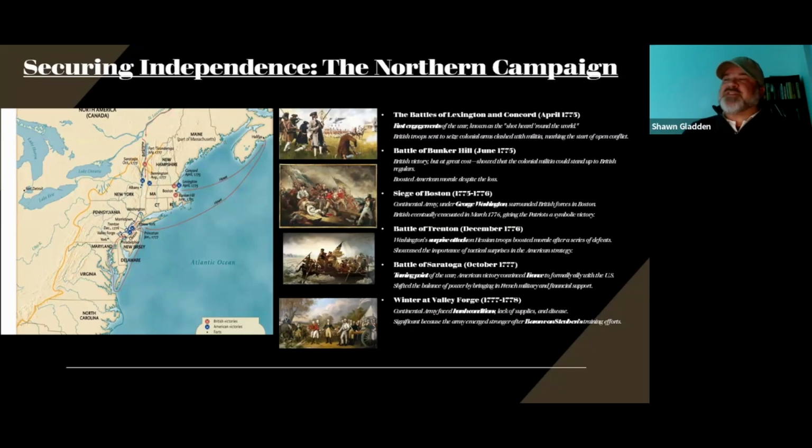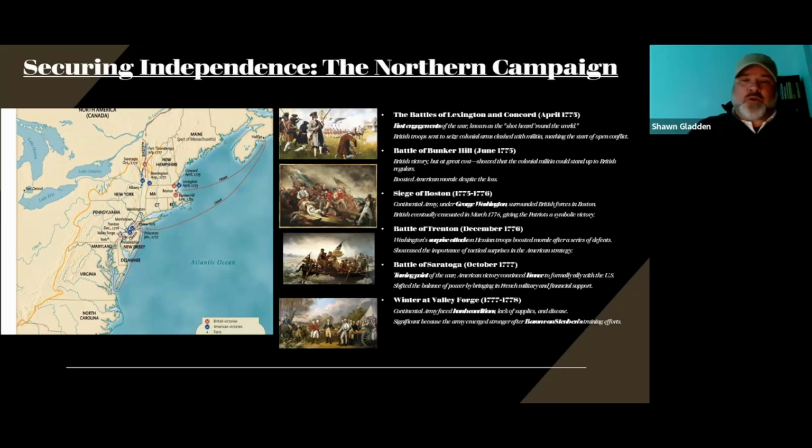Now, I chose these three to start off because these are the three engagements that occur during the Second Continental Congress. So, in what I covered last week, while that is going on in Philadelphia, this is what's going on on the battlefield. The war begins, often referred to as the shot heard round the world.